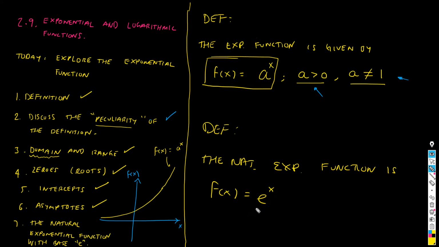That's it. It's that simple. So basically, if you notice, this new definition for the natural exponential function is just like this one, with the specific case that I'm making a equal to this particular number, to the number e.